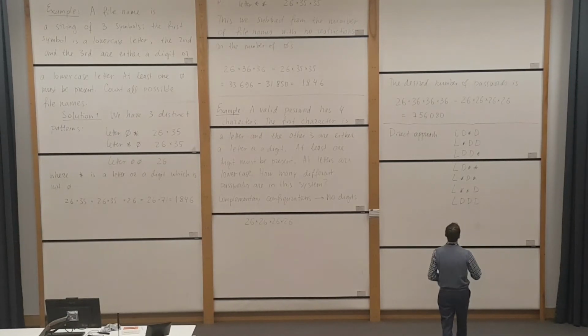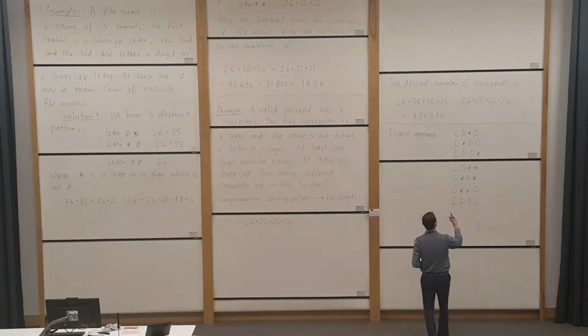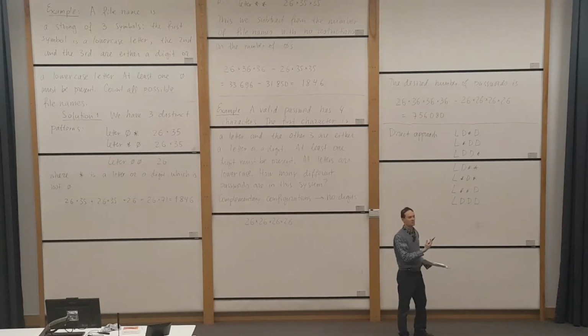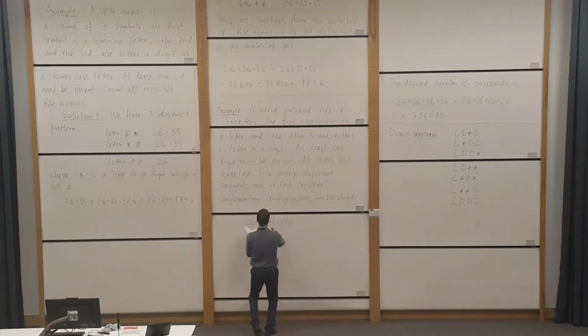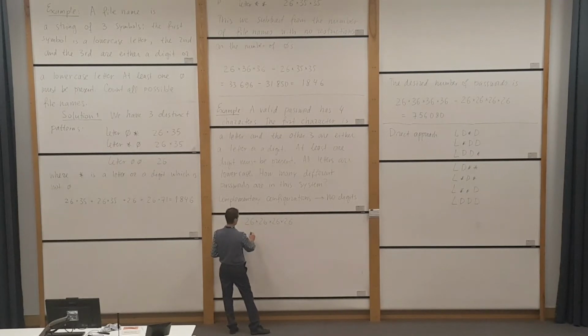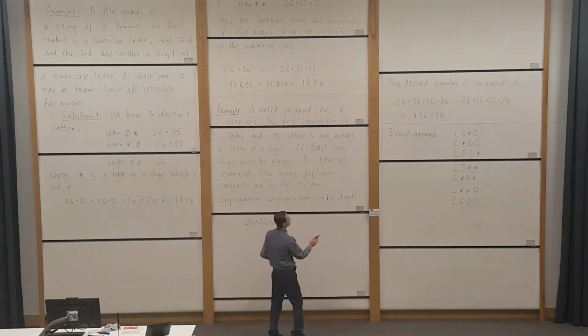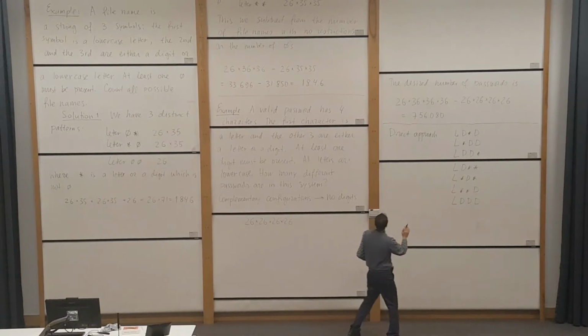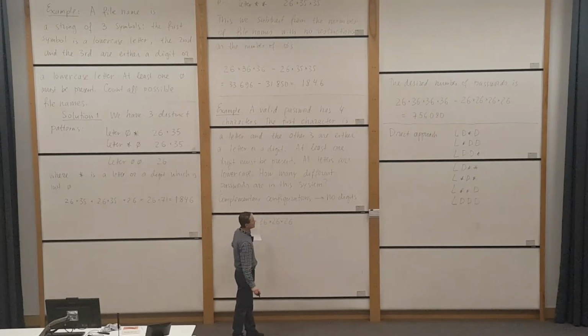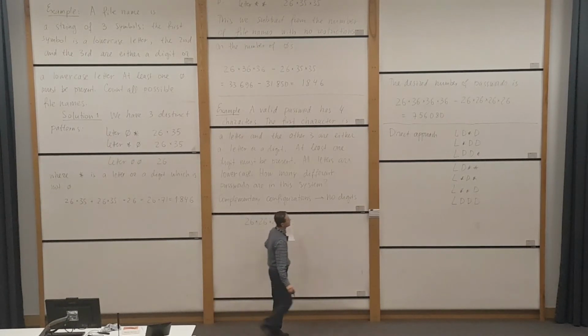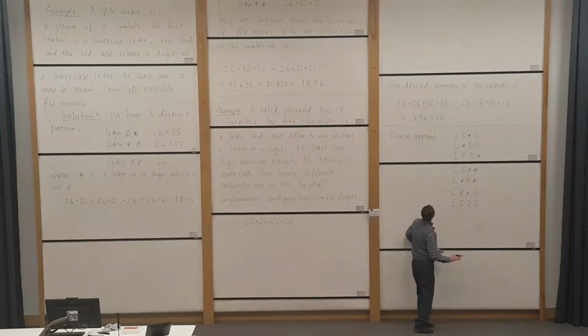Because direct approach means that I'm counting all patterns in which at least 1 digit is present. Sorry, it's confusing.